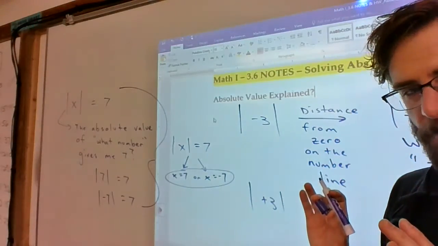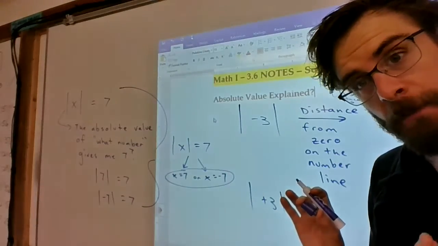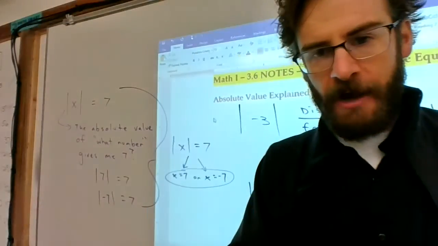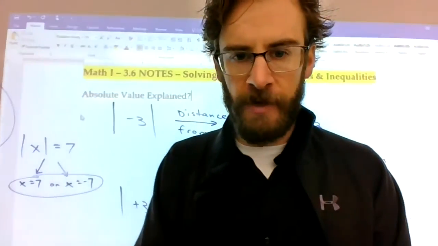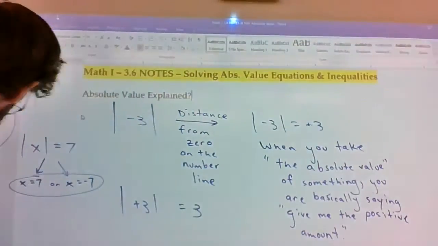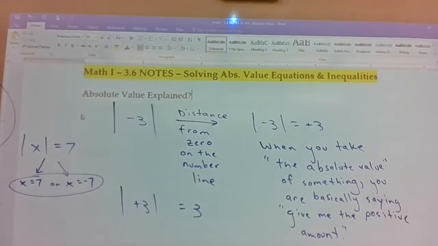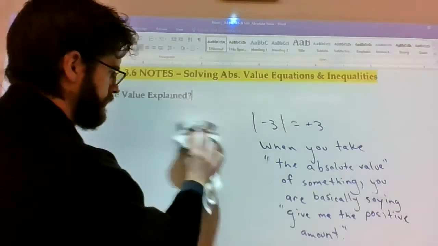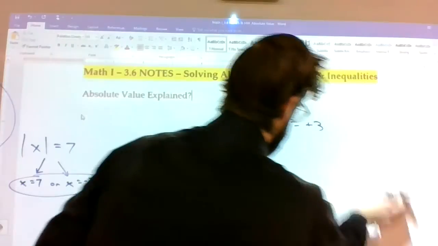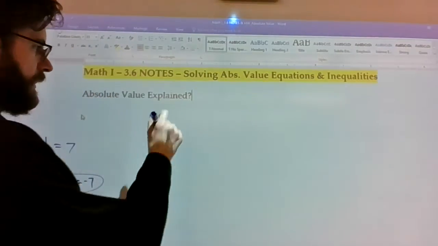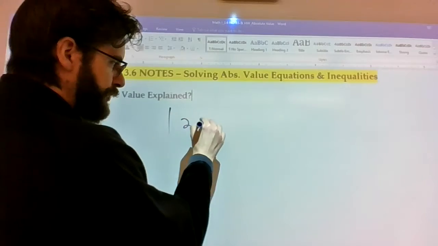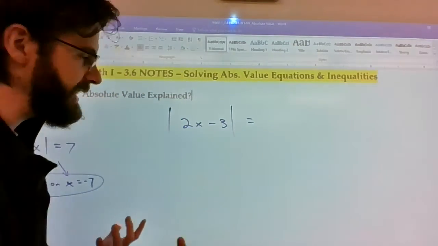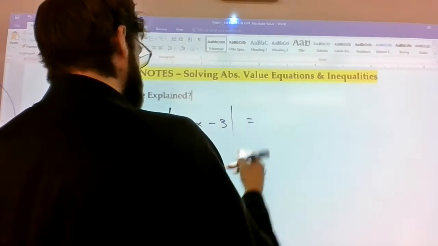If we were to get something a little bit more complex, like the absolute value of 2x minus 3, and you're trying to solve the equation that equals, say, 5.